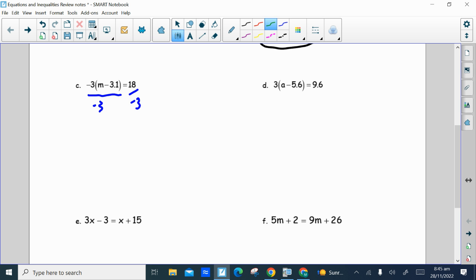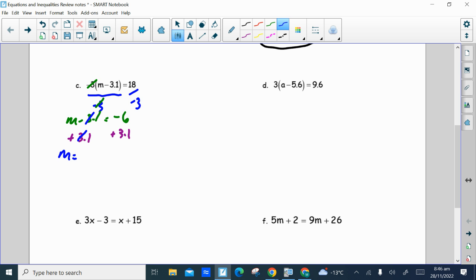Okay, so on the left, negative 3 divided by negative 3 cancels. You're left with m minus 3.1 equals, and on the right, 18 divided by negative 3 is negative 6. Then, to get the m by itself, we'll add 3.1 to both sides. And so the negative 3.1 plus 3.1 cancel. You have m by itself.